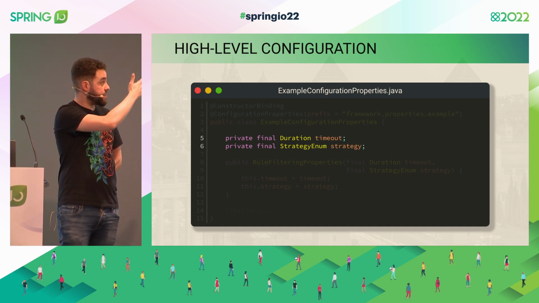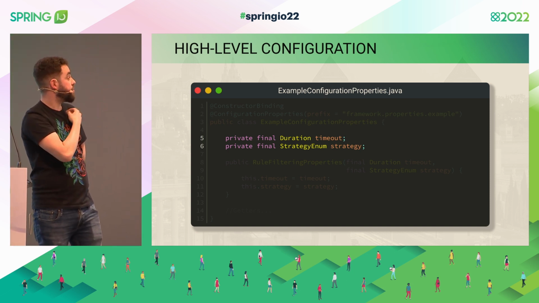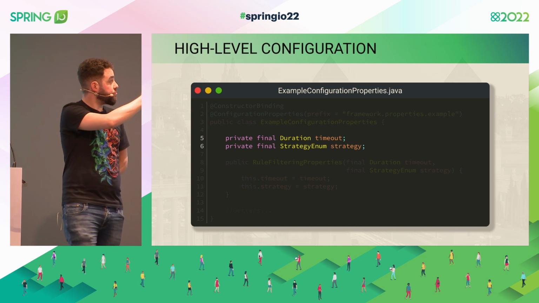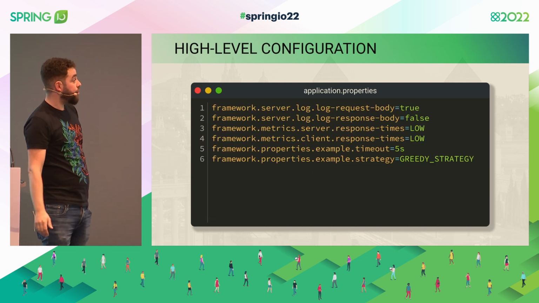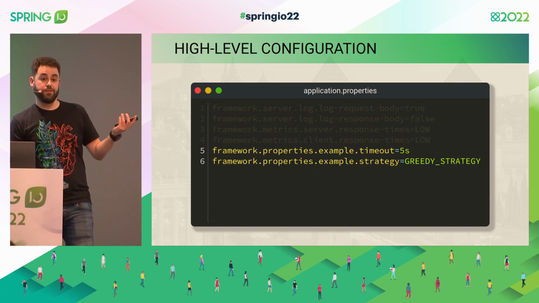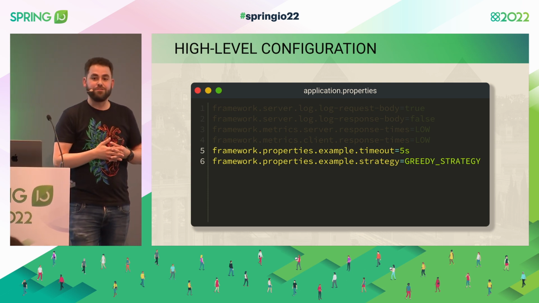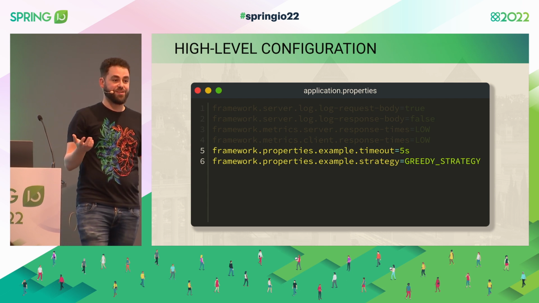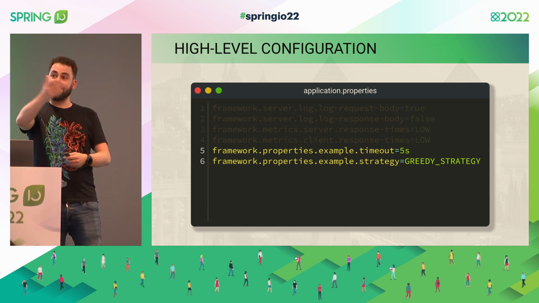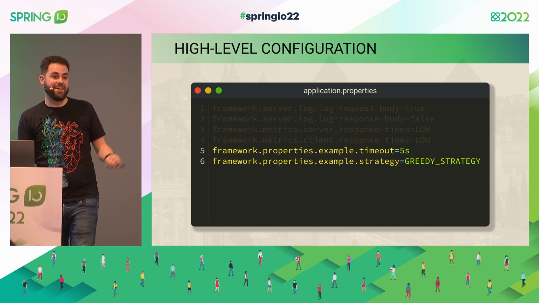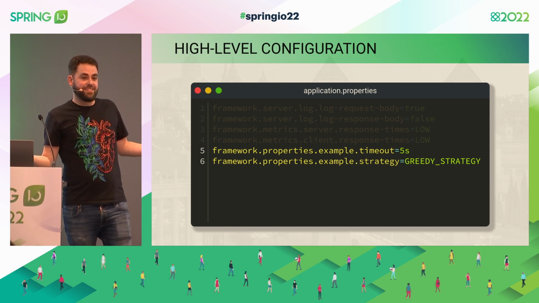For example, we see here we have other properties, timeout and strategy, that have a duration and an enum. And when we set them, look at the duration, for example. Now it's 5s. One of the things I hate the most is when we have timeouts in milliseconds in these properties, where now you have to understand that this massive number is 1 day. Here you would put 1D, and it's just self-explanatory, right?